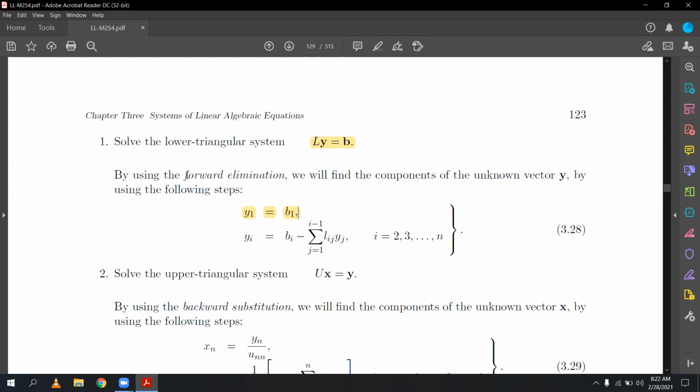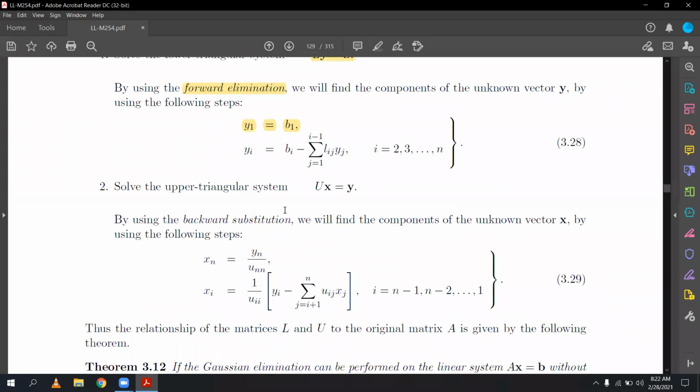This procedure is called forward elimination or forward substitution. And then the last step is UX equal to Y, where we use backward substitution, like the one we did before. We know Xn, then we go up to Xn minus 1, Xn minus 2, up to X1.